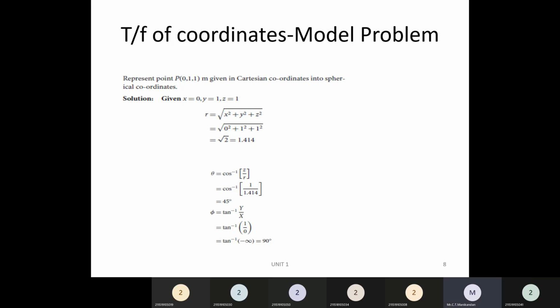For r, the formula is root of x square plus y square plus z square. For theta, it is cos inverse of z by r. And for phi, you will get tan inverse of y by x. If you convert all these, you will get the final format. This is the basic thing.